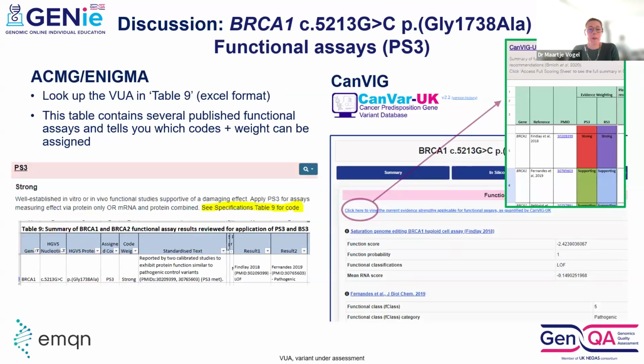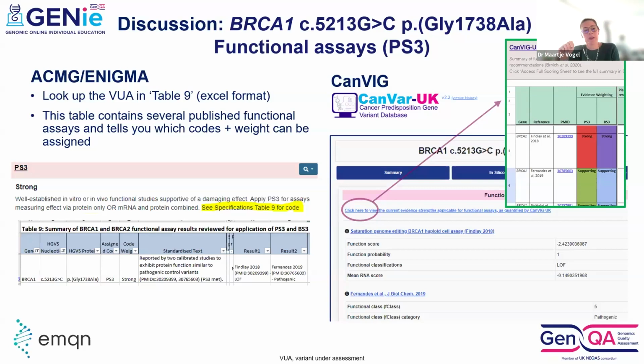So I'll start on the left with the Enigma guidelines. If you go to the Enigma BRCA1 gene-specific guideline, which you can find through the ClinGen website, you can find table 9. This is an Excel table. And what you have to do is look up your variant in this table. In this table, you'll find most functional studies that have been done for BRCA1 and BRCA2, and they have been evaluated for you.